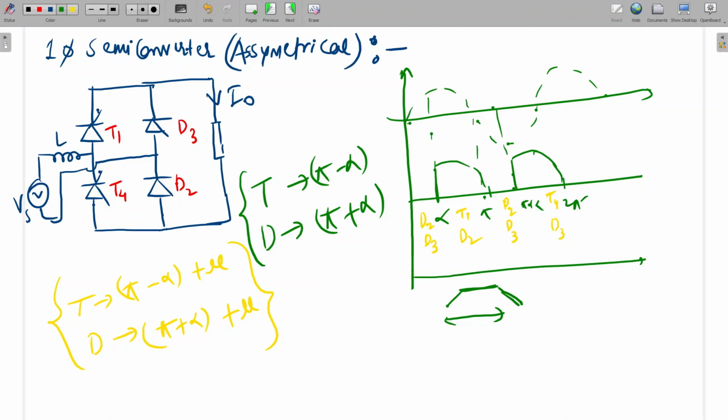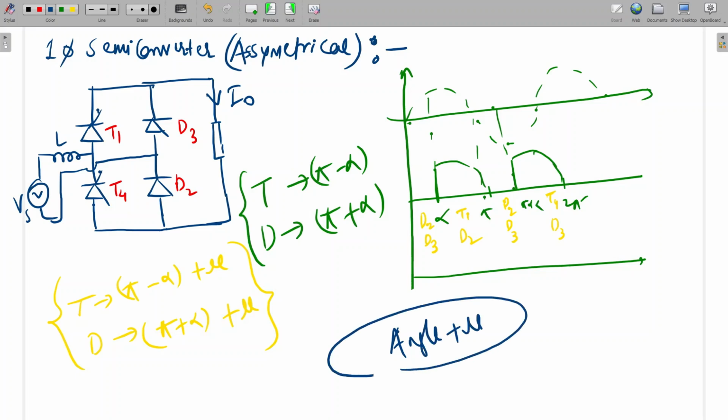One thing we should remember, it will work in every case: whatever the actual angle without the overlapping, mu should be added. So the angle we get without source inductance, plus mu, will be the conduction angle of that particular switch or diode with the source inductance effect.